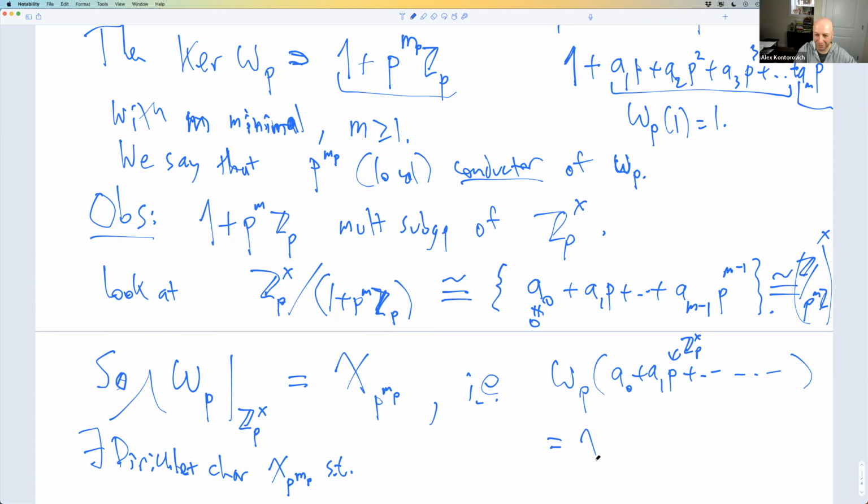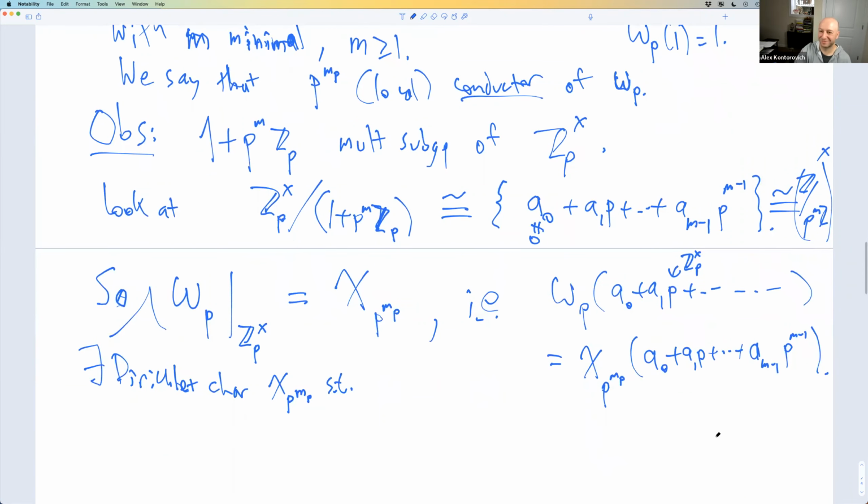It's equal to chi of p to the m_p evaluated at a finite integer, a0 plus a1 p up to a_{m-1} p to the m minus 1, where this is in Z mod p to the m Z. This is crazy.